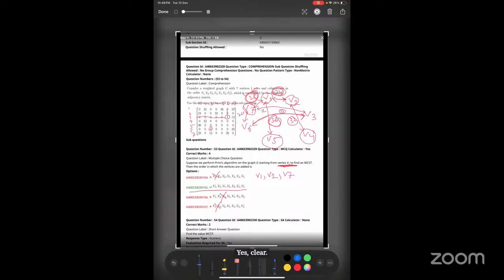So we have V1, we have V2. Now we have to check all the vertices which are connected with either V1 or V2. So the possible vertices are V7, V5, and of course V4. Yes, ma'am, I am understanding. Okay, you got it, right? Thank you, ma'am.